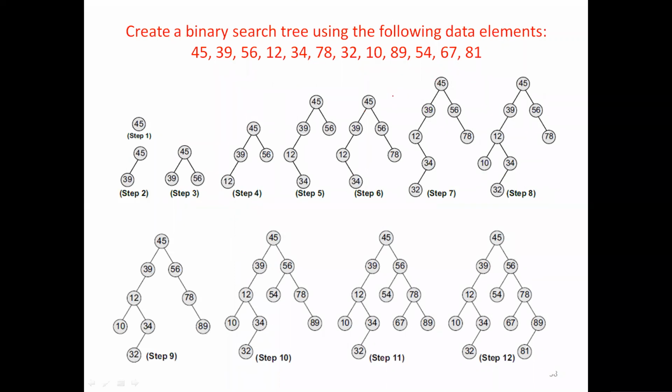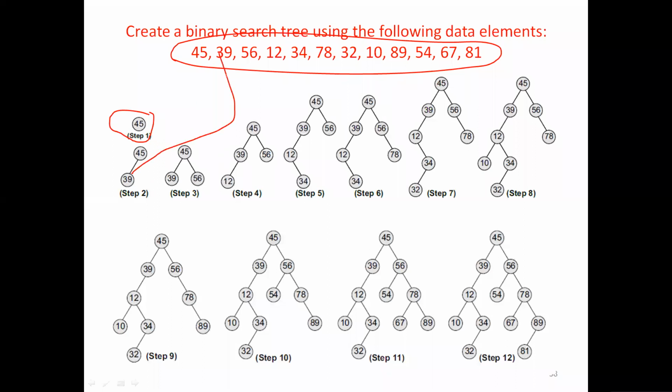This slide shows creating a binary search tree. You will be given these elements. The input is these many elements to be inserted into a binary tree, but it has to follow the binary search tree condition. So 45 is coming, step 1. Just go through the steps. In step 2, 39 is inserted.